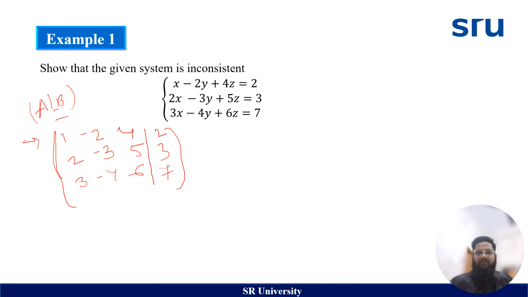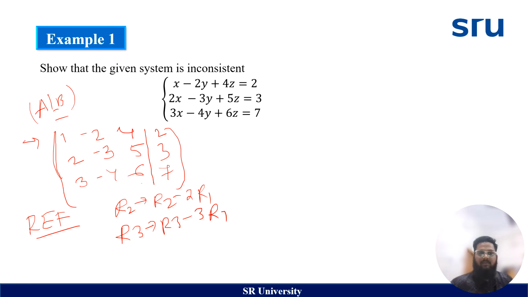To find the rank we have to convert to row echelon form. We will use these operations. Row 2 becomes row 2 minus 2 row 1, because 2 minus 2 will be 0. Similarly row 3 becomes row 3 minus 3 row 1, because 3 minus 3 will be 0. What do we get finally using these two? The first row will remain as it is. Please remember you have to apply the operations on the total matrix, including B also.